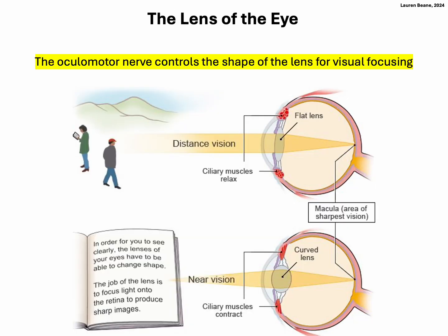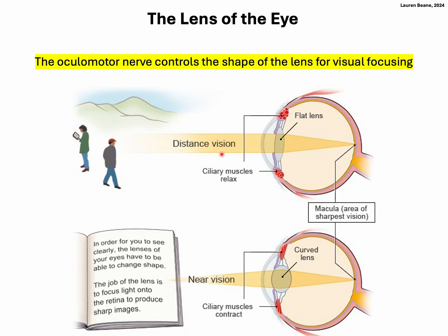The oculomotor nerve also controls the shape of the lens for focusing, as I mentioned. So the lens is found in our eye. We have the cornea, which is the outer transparent layer protecting the eye. Then deep to it is some fluid, eventually getting to the lens inside there.